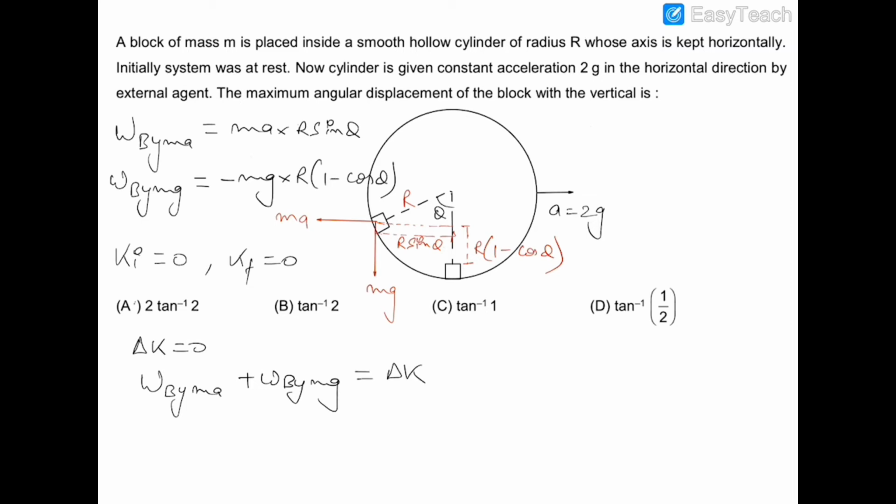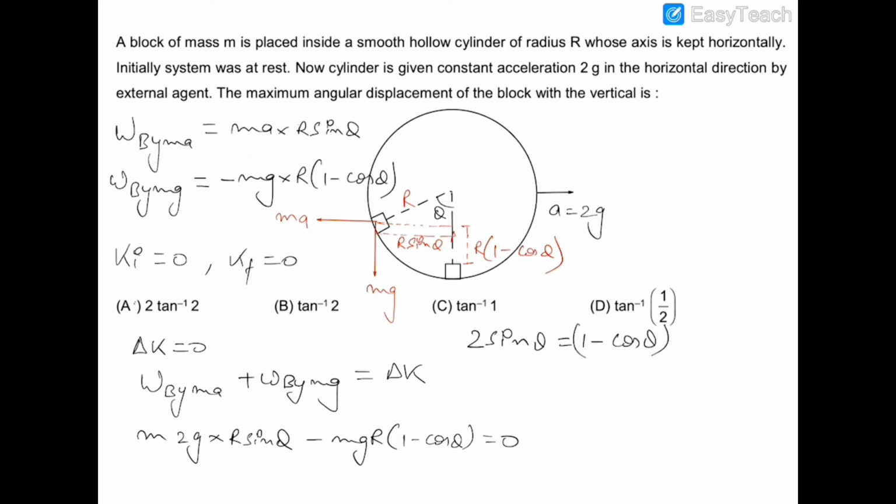Work done by ma is ma, which is equal to 2g, so m into 2g into r sin theta minus mgr(1 minus cos theta) is equal to 0. So cancelling mgr, it is 2 sin theta equal to 1 minus cos theta.